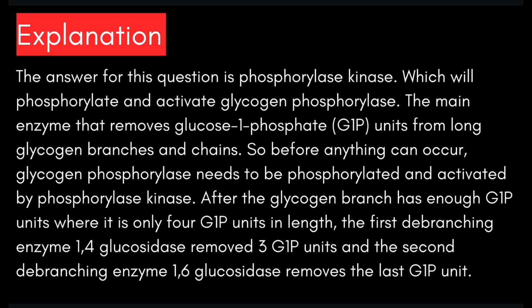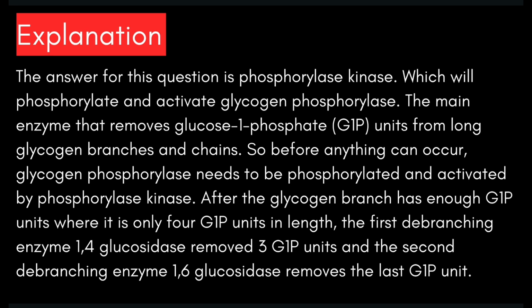The answer for this question is phosphorylase kinase, which will phosphorylate and activate glycogen phosphorylase, the main enzyme that removes glucose 1-phosphate units from long glycogen branches and chains. So before anything can occur, glycogen phosphorylase needs to be phosphorylated and activated by phosphorylase kinase.